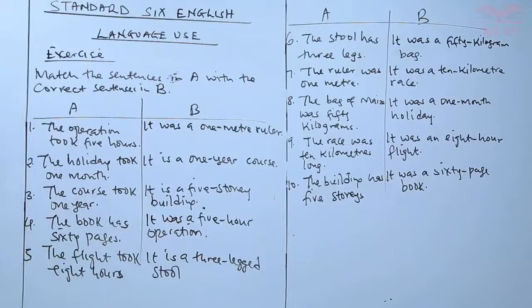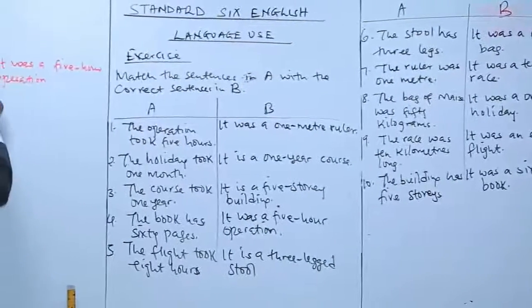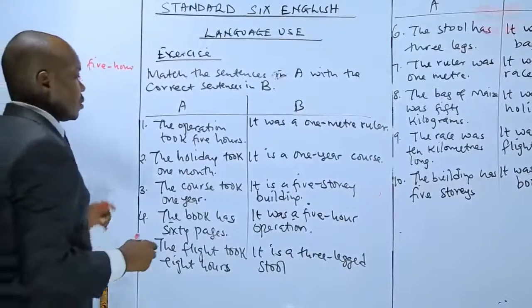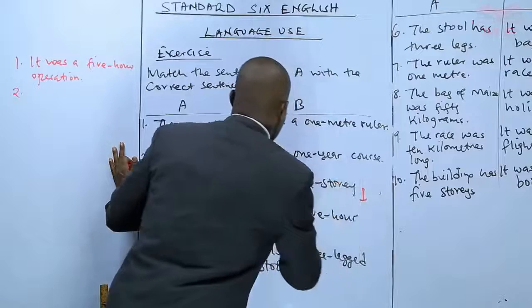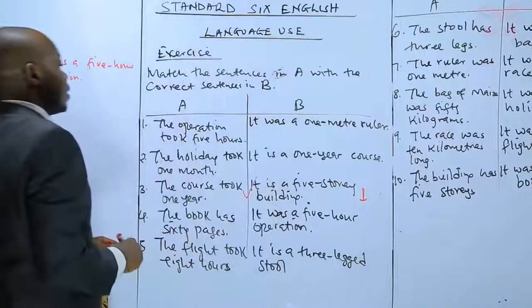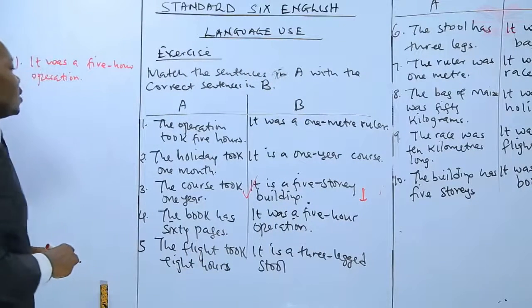So number 1, it was a 5-hour operation. That's number 1. Number 2, the holiday took 1 month.